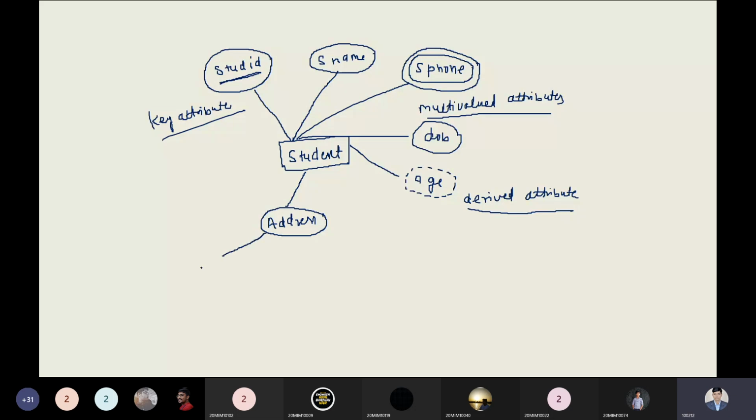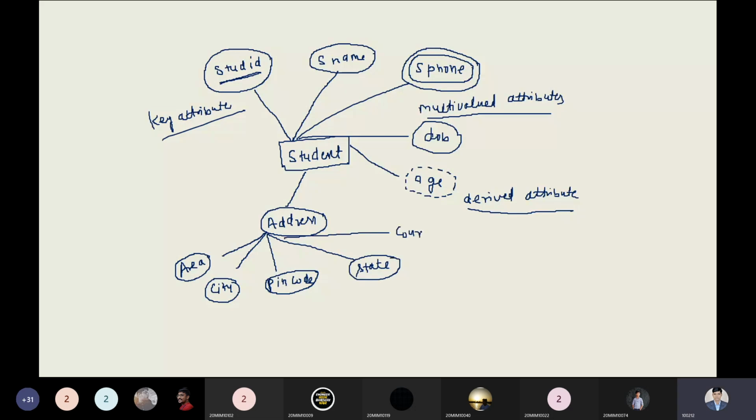That is an area: from which city he or she belongs, and what is the pin code, and next which is state, and if some student belongs to another country, you can put that like this. So this is my point.